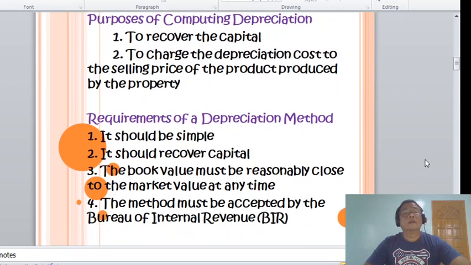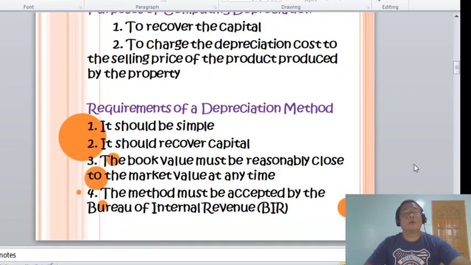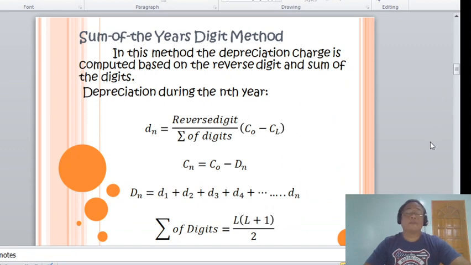This is quite complicated, class, as compared to the double declining balance method. But anyway, we have here a formula which is derived by myself in order for you to make your computation easy, class.